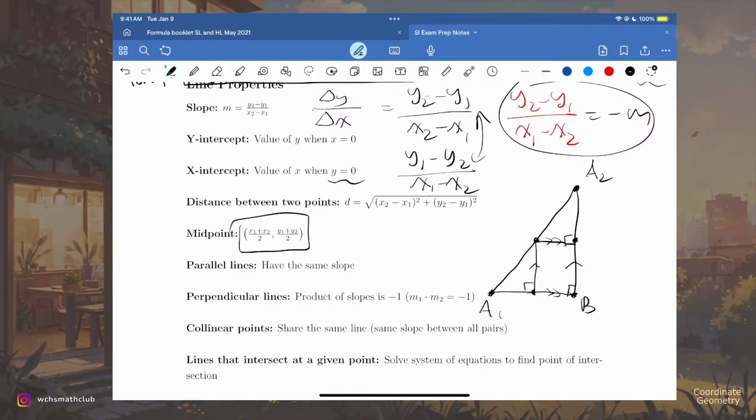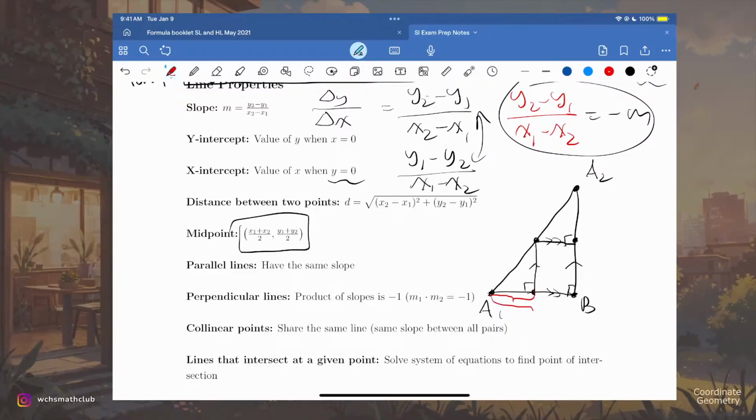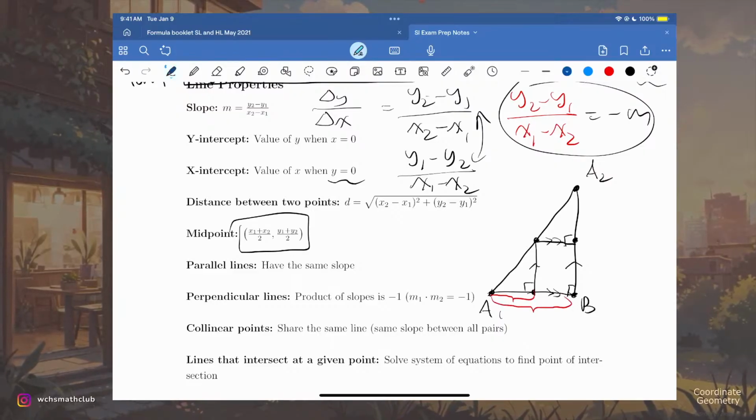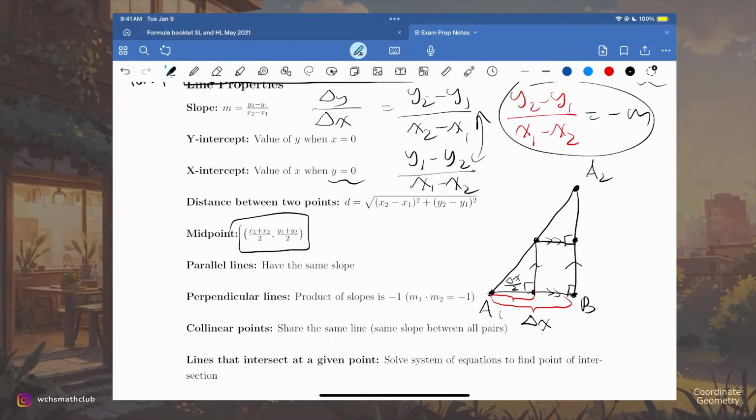Anyways, we find that the ratio of this here to this is 1 to 2. So we have A1B is equal to delta x, right? And because the ratio of this to the whole thing is 1 to 2, this is delta x over 2, and this thing is delta y over 2 by similar logic.